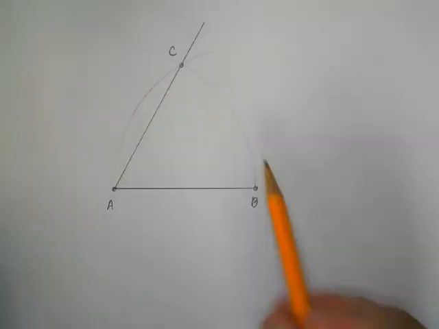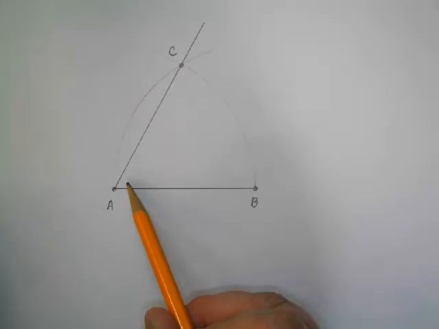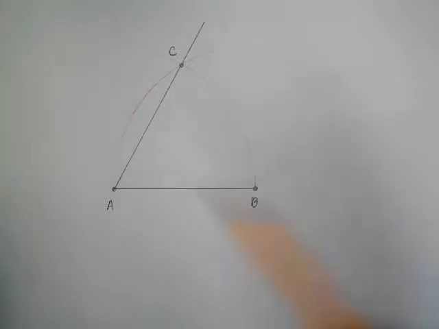But as you recall, I don't need an equilateral triangle, I just need a 60-degree angle so that I can bisect it and get two 30-degree angles. So we're going to next go ahead and bisect angle CAB.